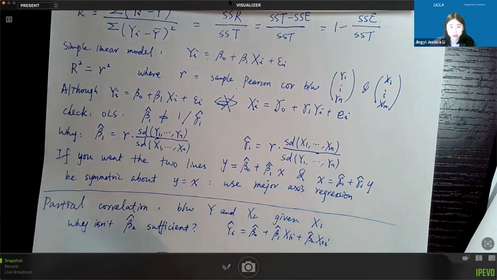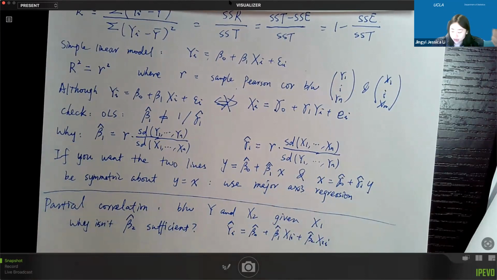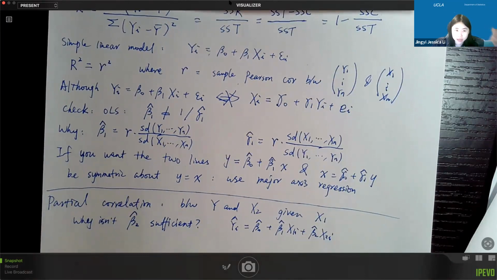Let's say that I fit this and I have beta 2 hat already. Why isn't beta 2 hat sufficient? We said this is the effect size estimate, right? Why can't I just use that? This is capturing the conditional contribution of x2 given x1.